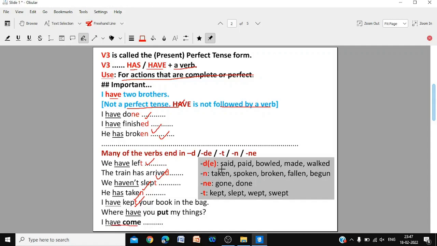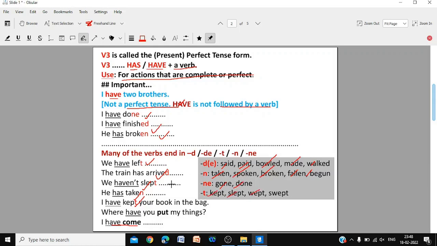So the verbs ending in D or T: said, paid, bowled, made, walked. The verbs ending in N: taken, spoken, broken, fallen, begun. Ending in NE: gone, done. Ending in T: kept, slept, wept.